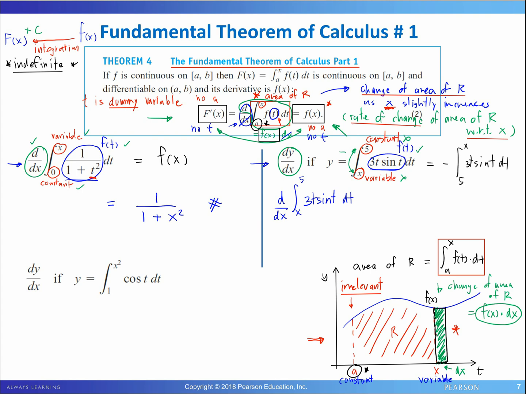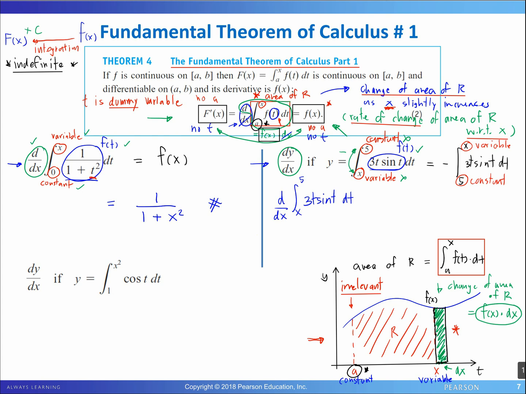Now it looks quite good because down here it became constant, and up here became variable, which is exactly the same as what we have in the formula.